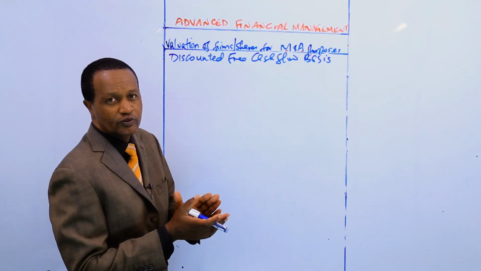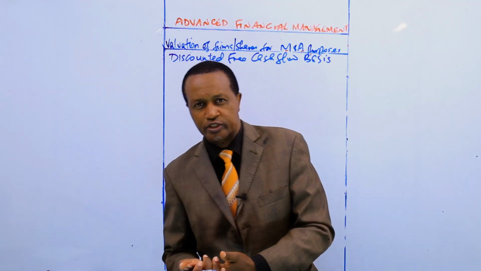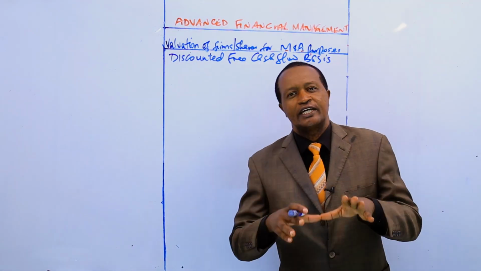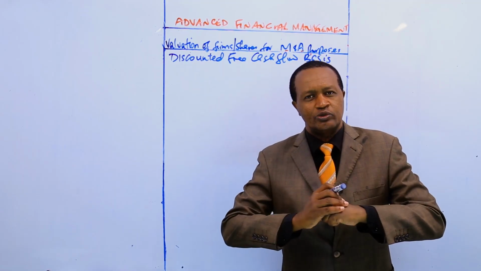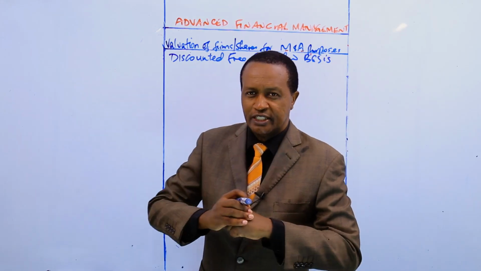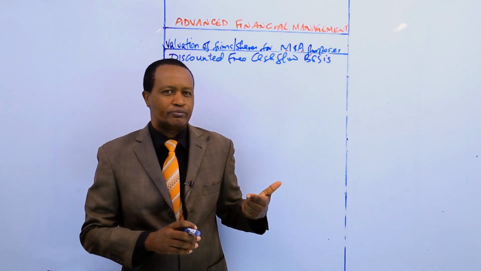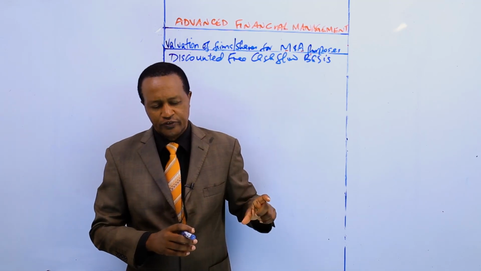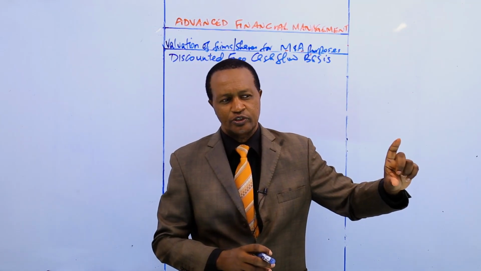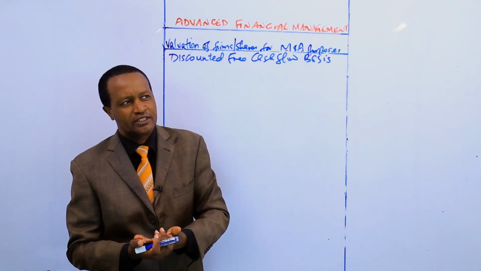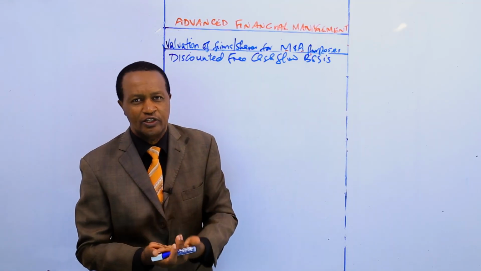Discounted free cash flows basis is a fundamental and widely used valuation technique in mergers and acquisitions. It estimates the intrinsic value of a company by projecting its future cash flows and then discounting them back to their present value.